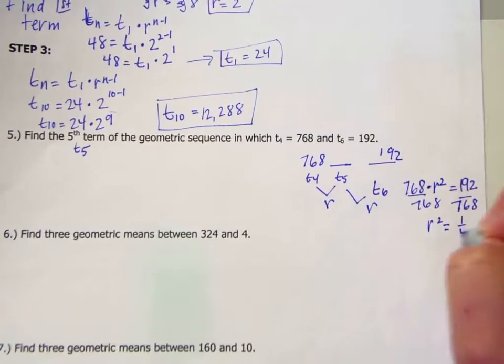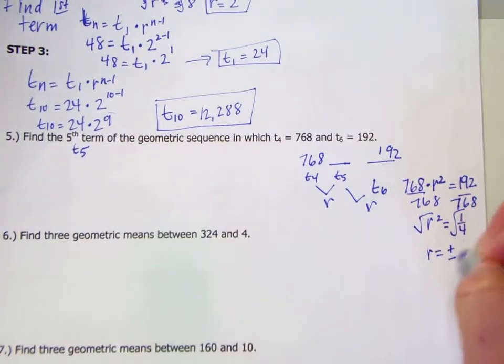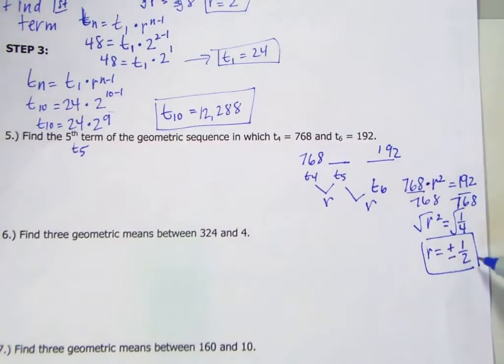That gives me 1/4. But here's the deal. When I take the square root, r could be positive or negative 1/2. So that is going to play into finding the fifth term, because we have to account for the fact that we could be multiplying by a positive 1/2 or a negative 1/2.